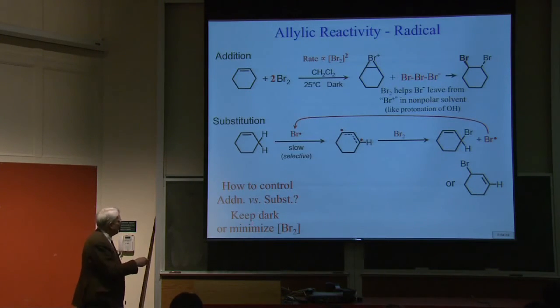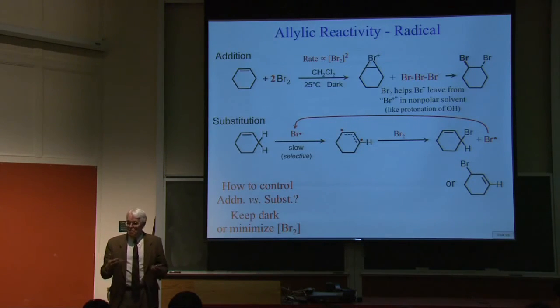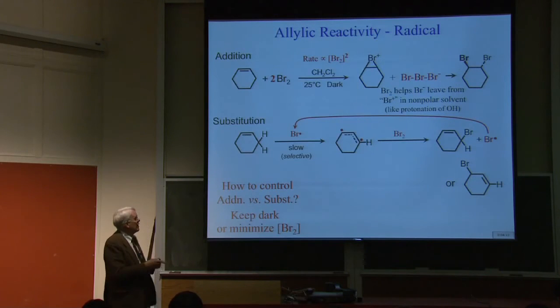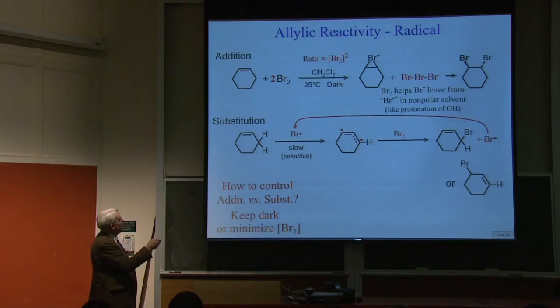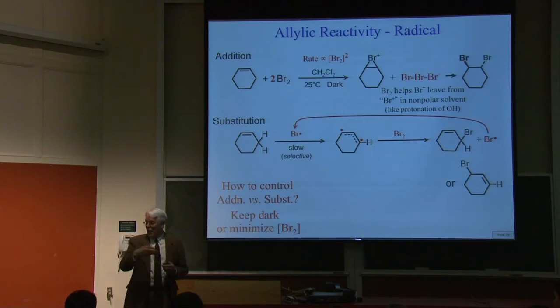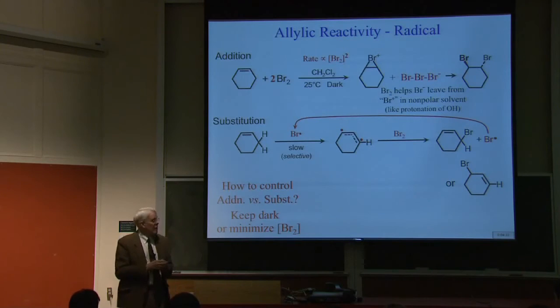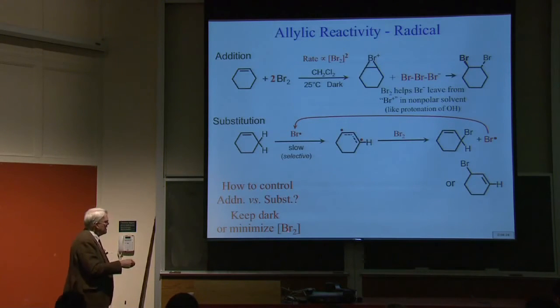So if you have a really low concentration of Br2, this one gets really slow because it's a bad leaving group. Making the Br minus leave by putting Br2 in is like making OH leave by putting a proton on it, making it a better leaving group. So if we minimize the concentration of Br2, we'll slow this one down, but that reaction with Br2 is very fast.